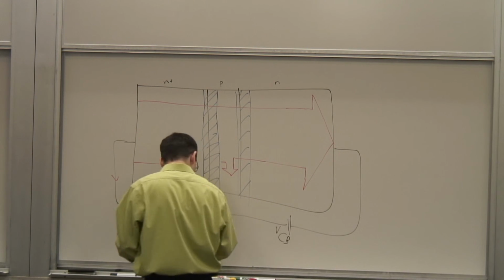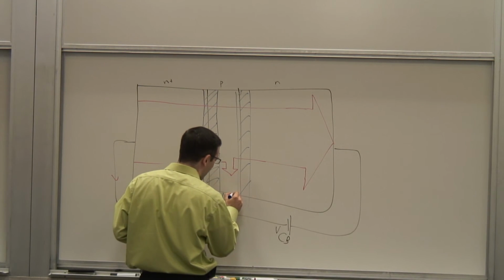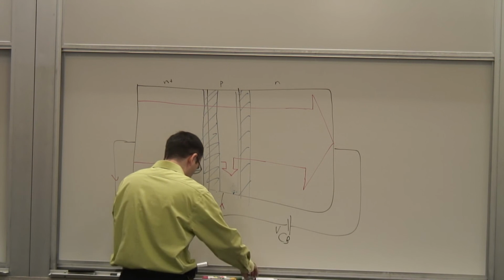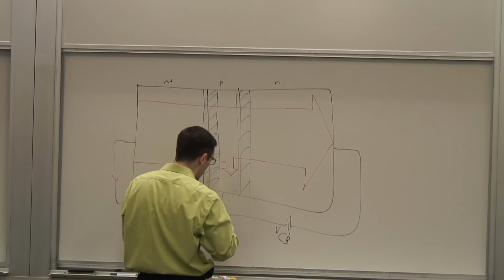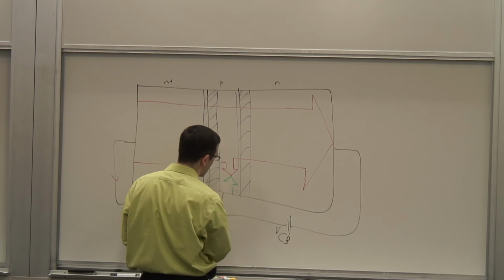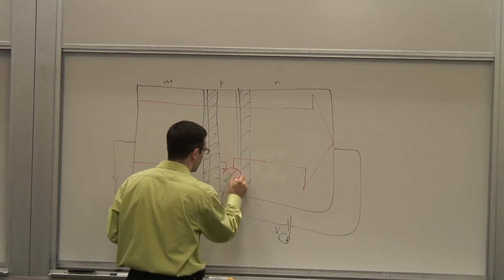There's current going to the base, and part of that accounts for the lost holes that are lost to compensating the electrons, to capture the electrons. So that's part of it. Okay? And what is this process? It's a recombination process.